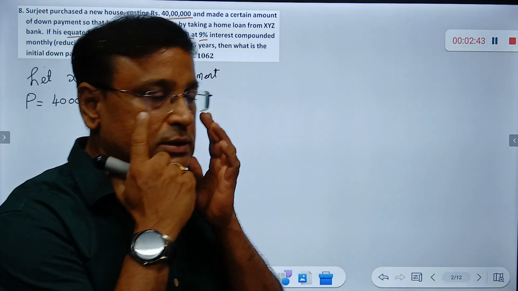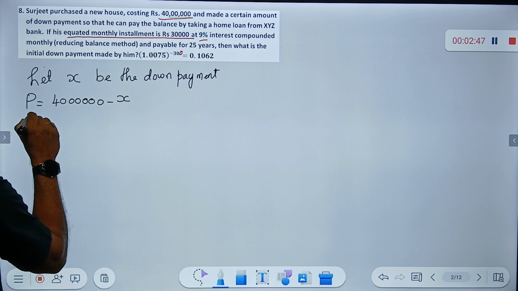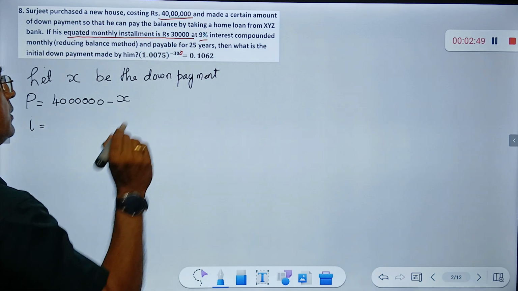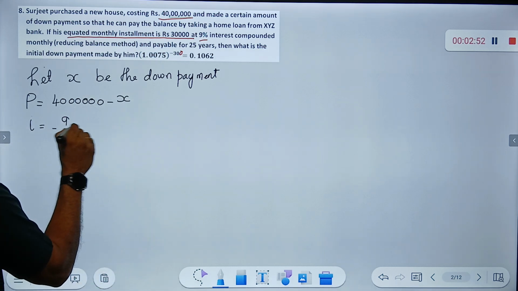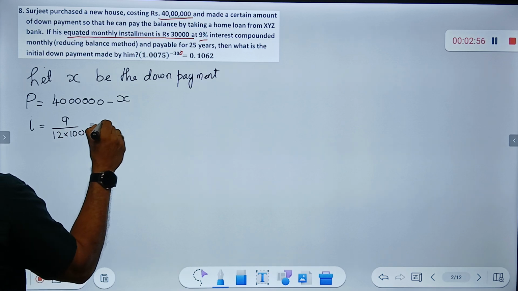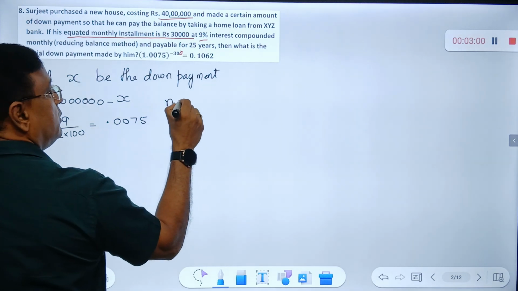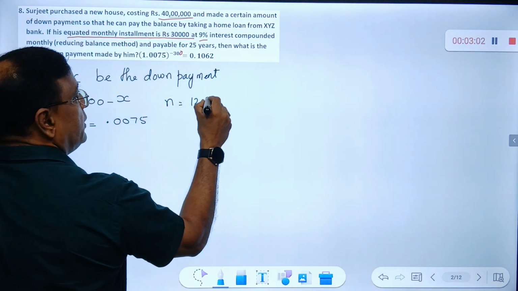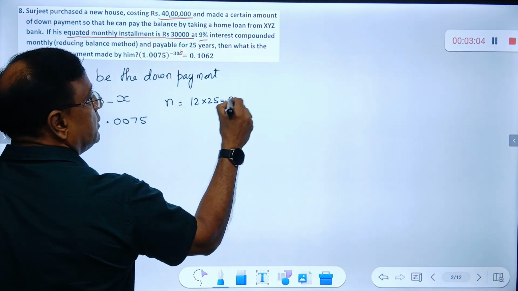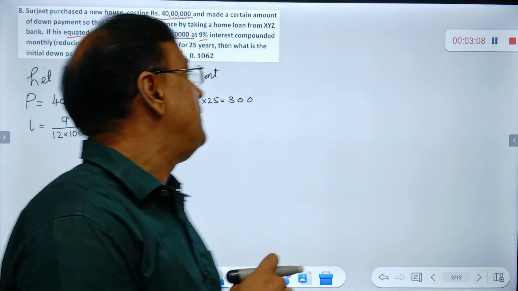Cost of the house minus the down payment. Now what is the interest? The interest is 9%, so 9 by 12 into 100, which is actually 0.0075. And the tenure is 12 into 25, which is 300. You have to pay for 300 months, quite a long duration, isn't it?